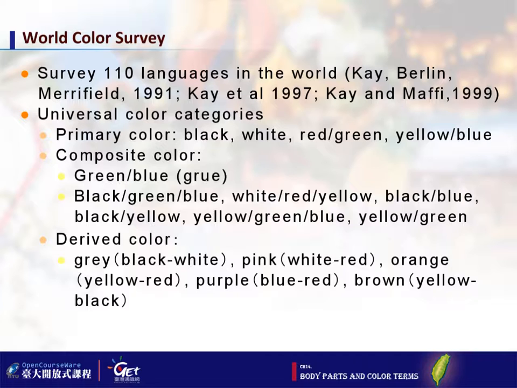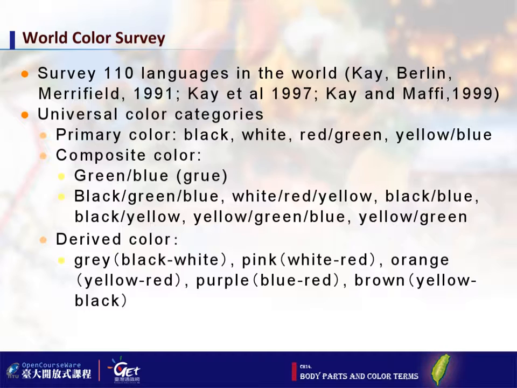And there are composite colors, from primary colors, like green and blue. Languages show that green and blue actually refer to the same color, so it's shortened as GRUE, a combination of green and blue blends.